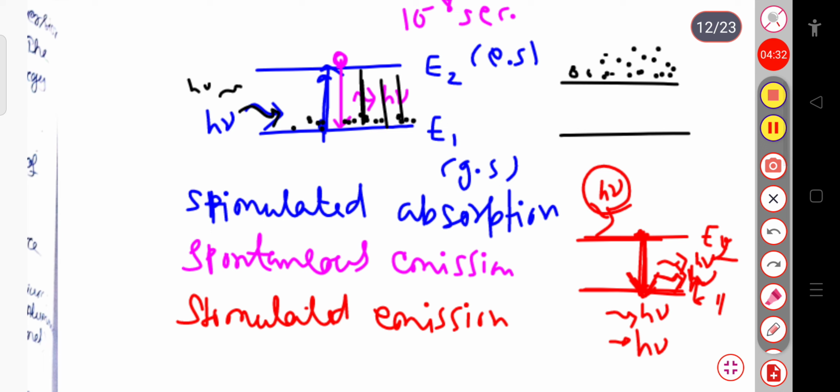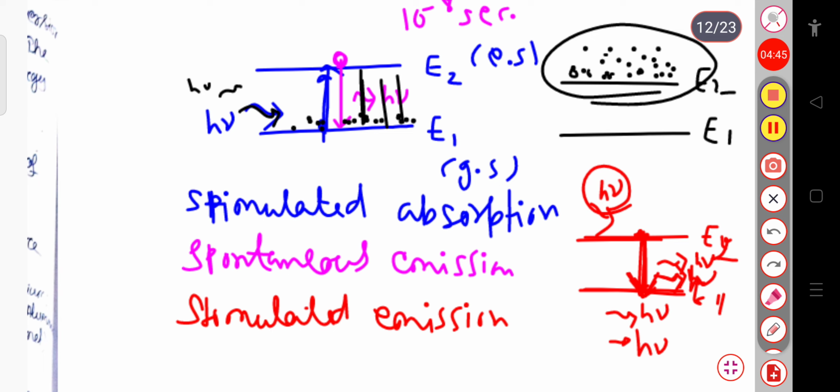At a particular time, the number of atoms present in the E2 state will be more than in the E1 state. In that case we can say that population inversion has occurred. So population inversion means the higher level contains more atoms as compared to the lower level.